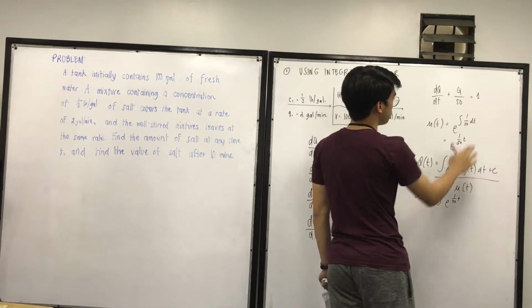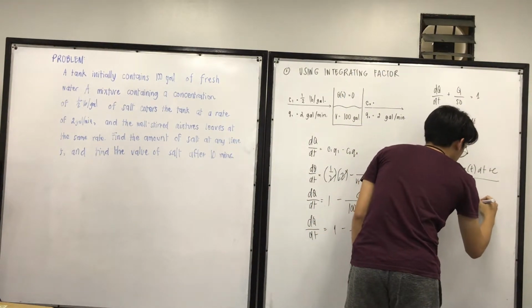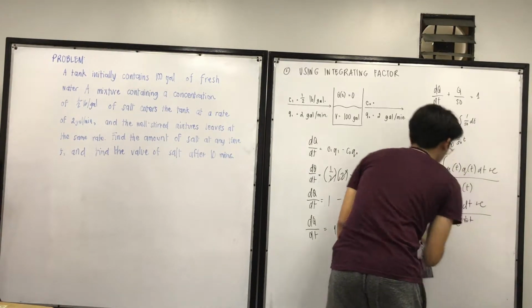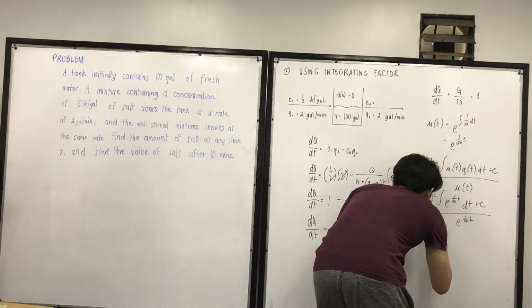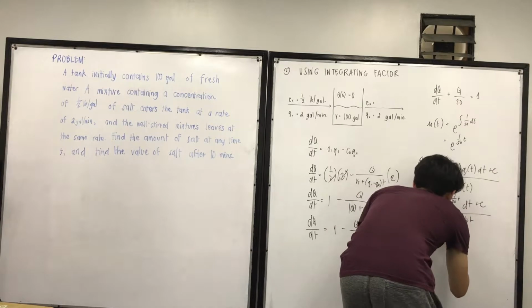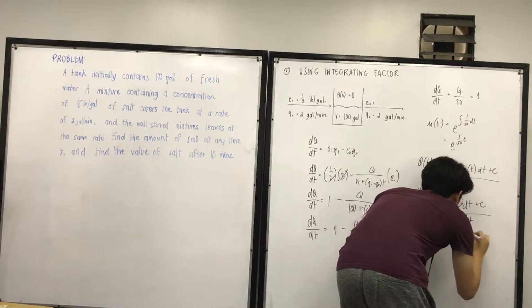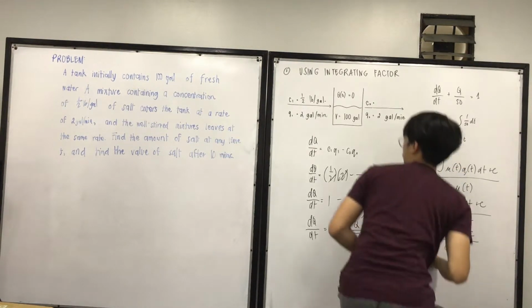The Q of t in this case is equal to 1, so we'll just negate it. dt plus c all over e raised to 1 over 50t. Simplifying the integral, we'll be given q of t is equal to 50 multiplied to e raised to 1 over 50t plus c all over e raised to 1 over 50t.